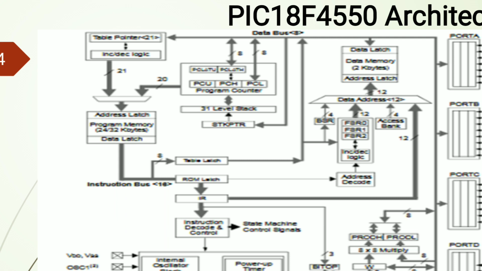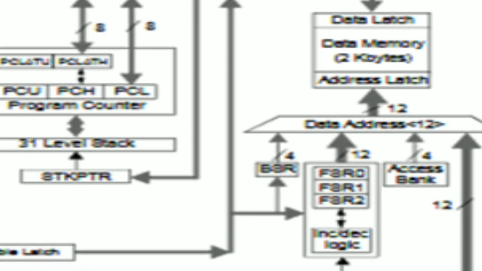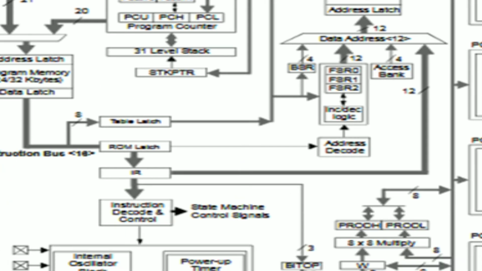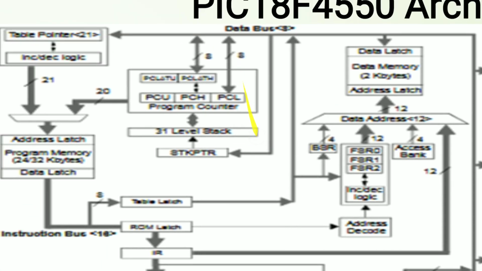Also the data memory available with the PIC18F is 2 kilobytes, which is inbuilt. To access the various memory locations, PIC18F supports the various SFRs, that is FSR0, FSR1, and FSR2. In association with that, the PC latch is there, having a bit capacity of 21 bits.